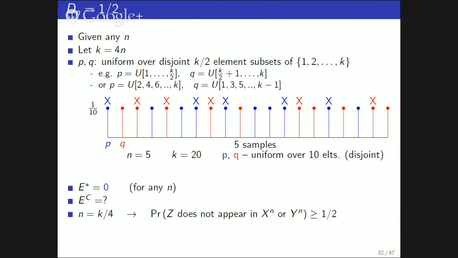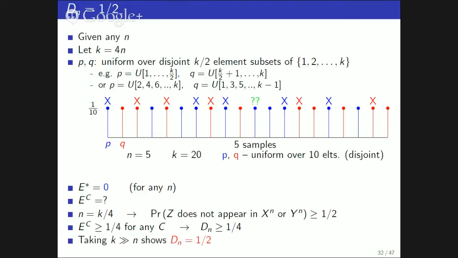So the probability that z has not appeared in either x or y is at least 1/2. And that implies that in the case that it did not appear, which is 1/2, you need to make a guess, and then you make an error of 1/4. So your error is at least 1/4 for any estimator. This shows that your degradation is at least 1/4.